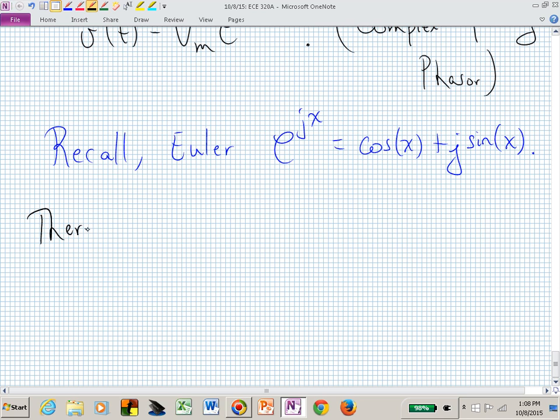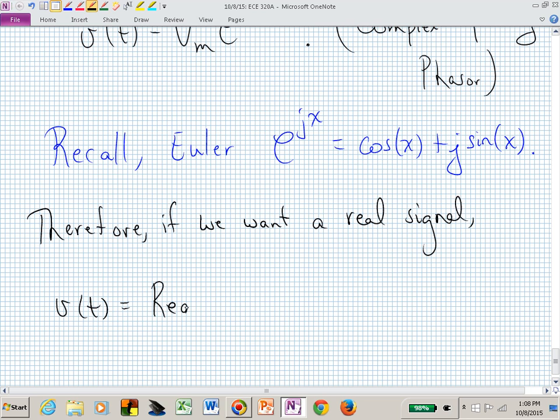Therefore, if we want a real signal, one way to obtain that is to just take the real part of v sub m e to the j omega t.